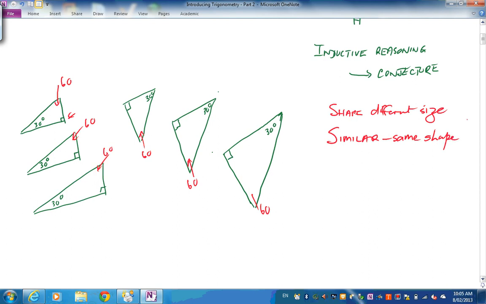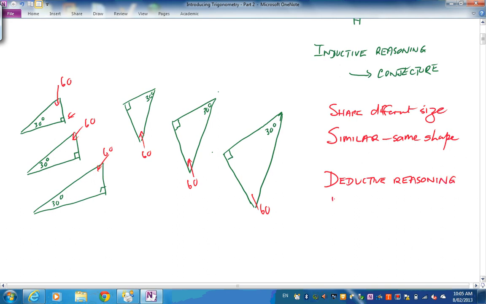Okay, well that's interesting. We're on the way to trying to prove this conjecture, to understand why it must work. When you prove a conjecture, it's called deductive reasoning. So you might like to pause the presentation and write those things down.